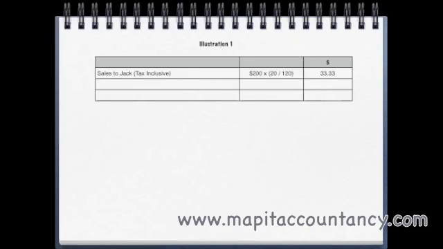Now the next one in part 2, we're told that Jerry has a tax exclusive price of 500, and that's easier because that's simply the net price, the 500. So we take that and multiply it by the 20%. So 20 over 100, or just the 20%, gives us 100 in sales tax on that one.